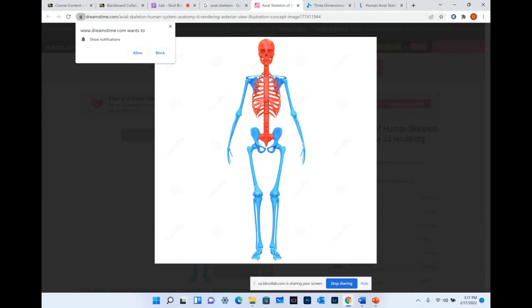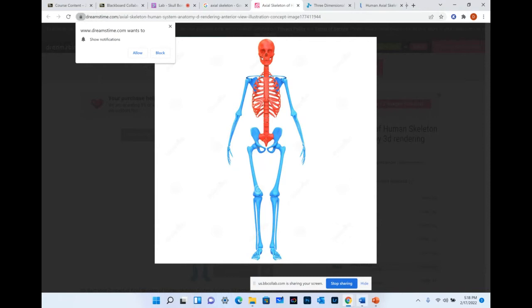During this test period, we are going to work on the axial skeleton.